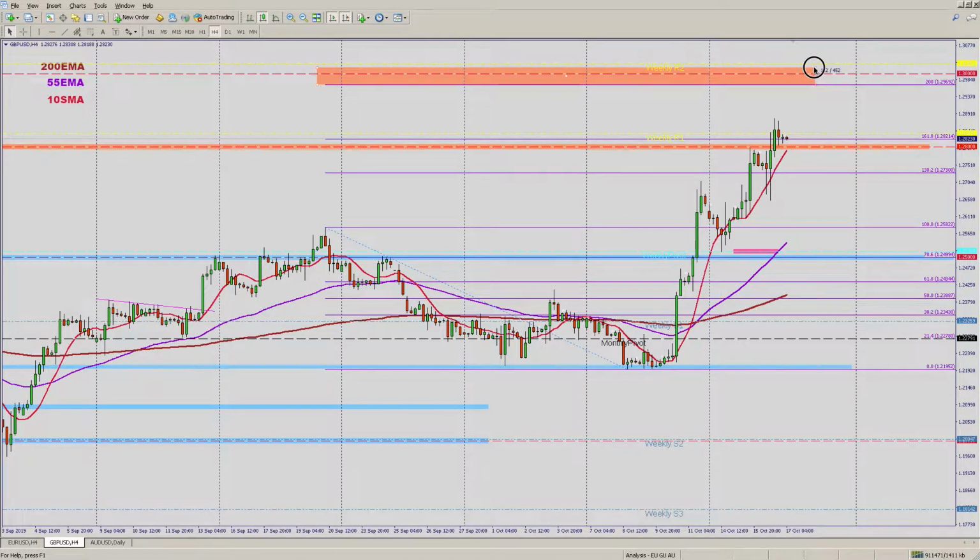So this whole zone is a possible target zone.